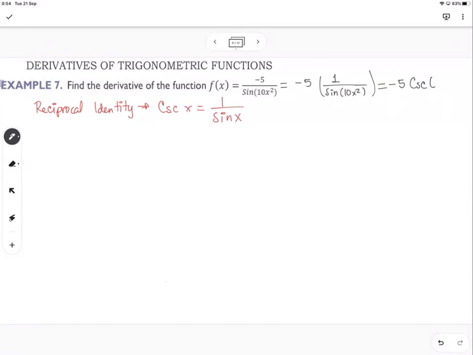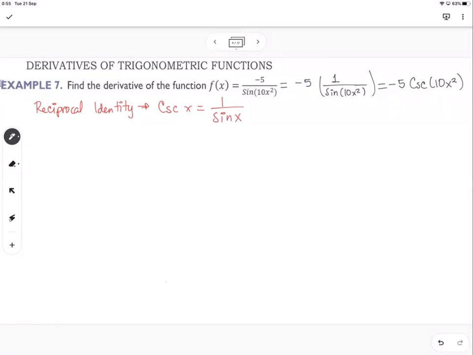of 10x squared. Okay, and it is easier to use the cosecant rule, the corresponding cosecant rule, than to do the chain rule, or do the quotient rule, which is larger or a little bit more difficult than just doing directly the cosecant rule.